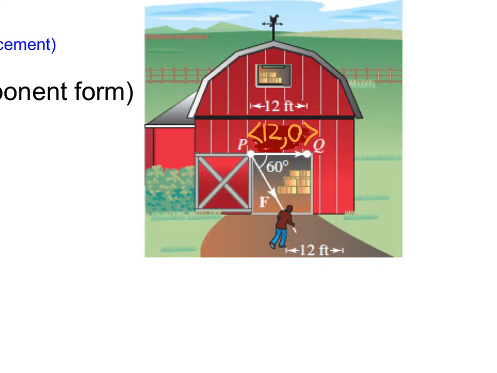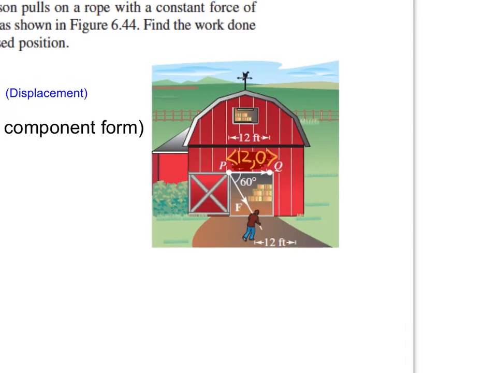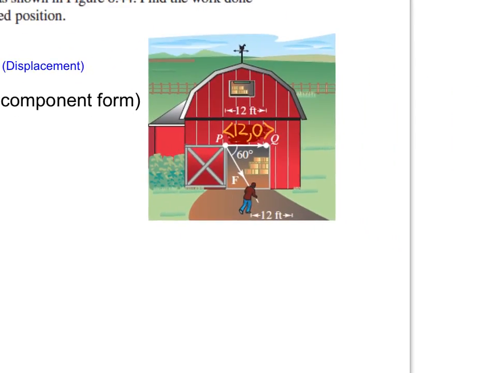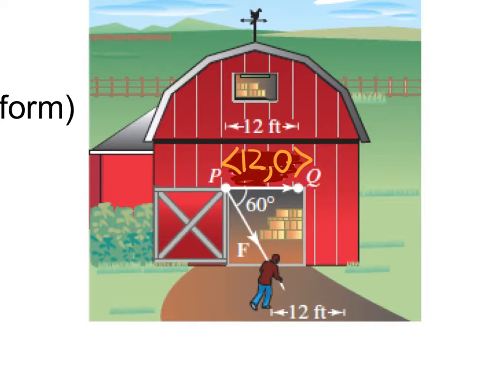But here you are, pulling at a 60-degree angle, and it says that you're pulling with 50 pounds of force. So the magnitude of your force vector is 50 pounds, and you're pulling at this 60-degree angle. Now, a couple of things here.